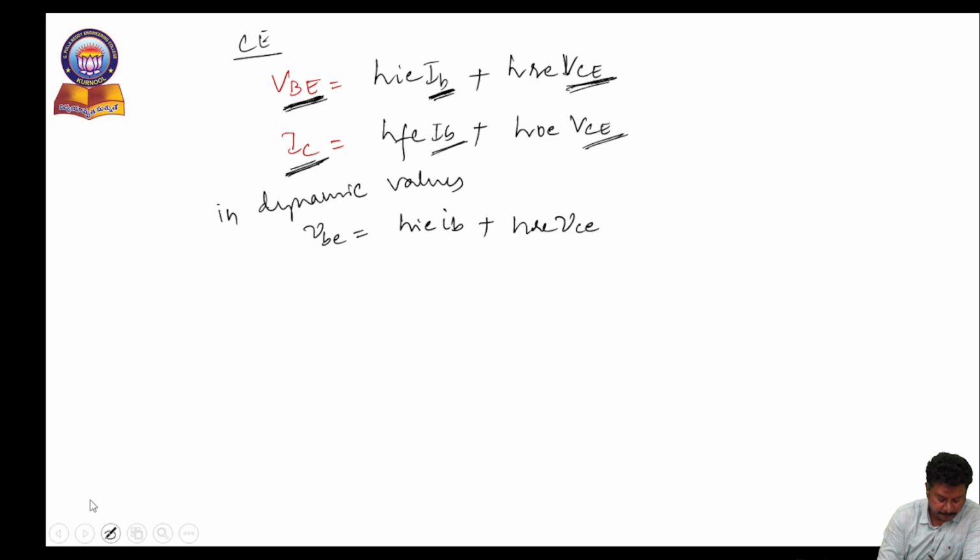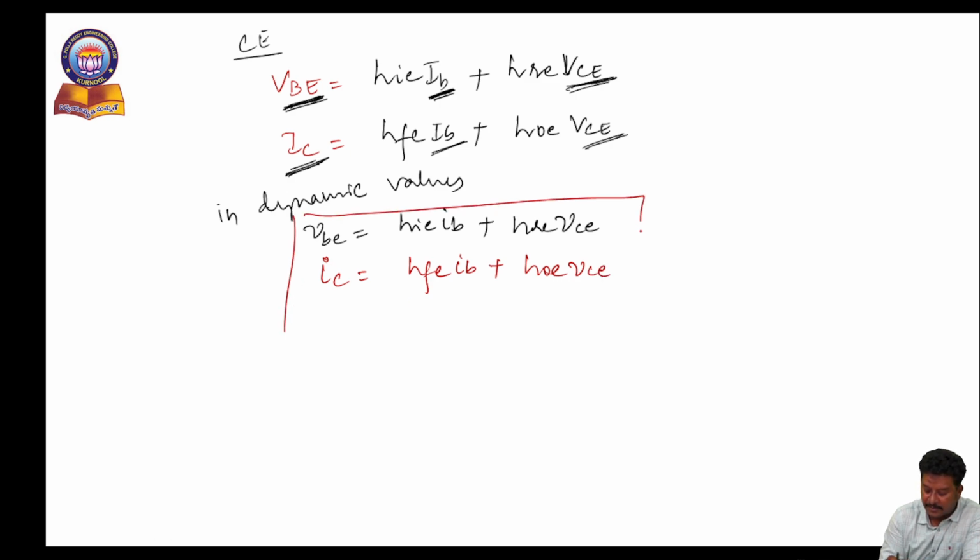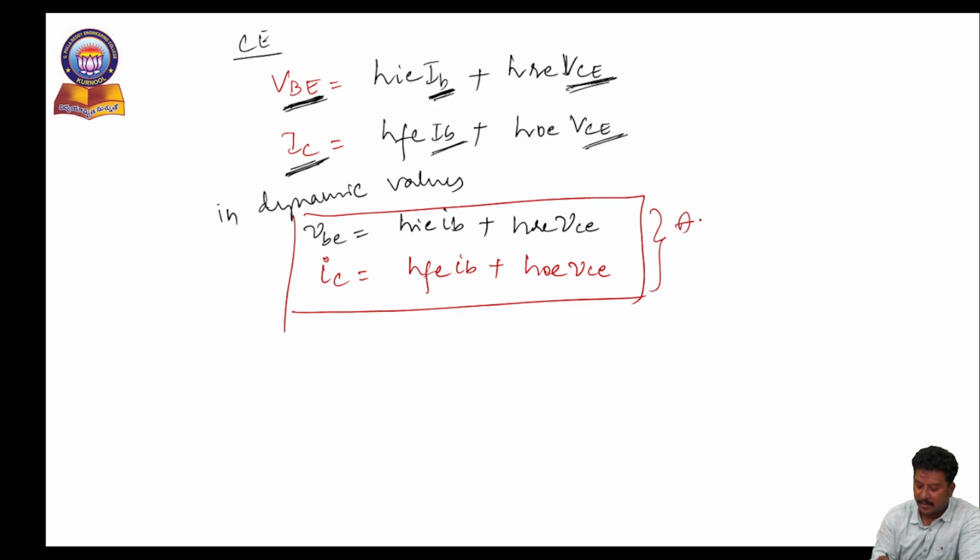Similarly, IC equals HFE IB plus HOE VCE. So this is the final H parameter model for a transistor, the AC equivalent model or hybrid model of a transistor.